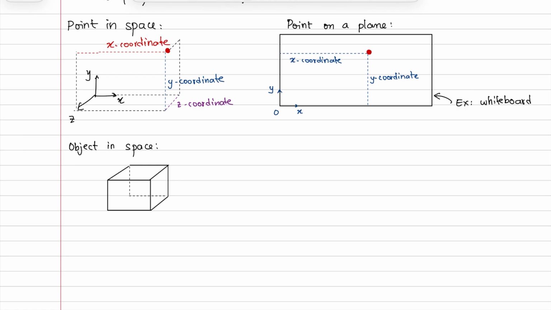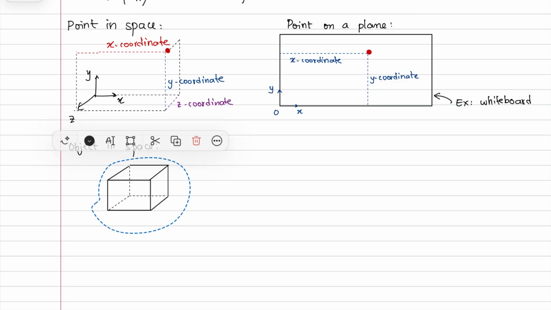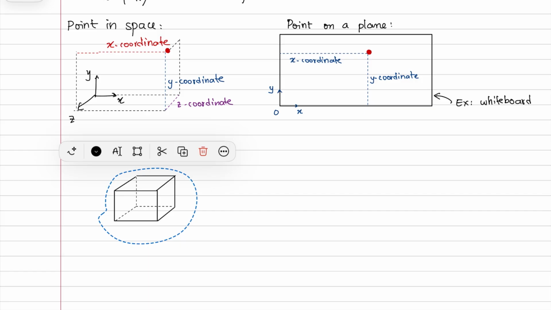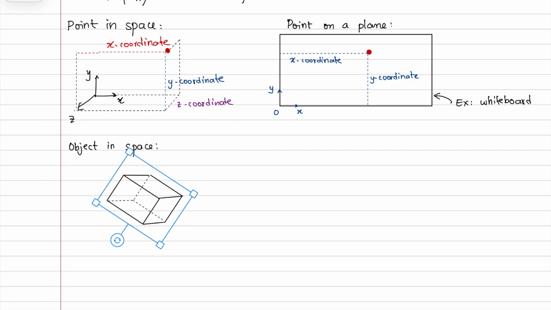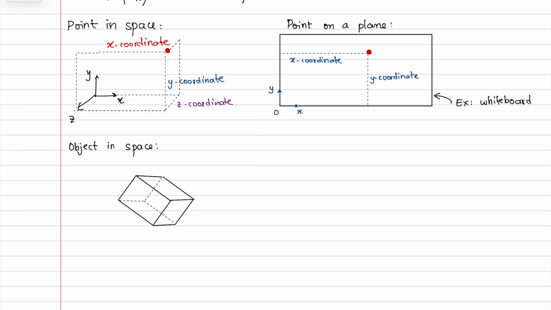This here is just a cuboid, and this cuboid, how many variables do you need to be able to define the object that I've just drawn right now? Think of it as a 3D object.